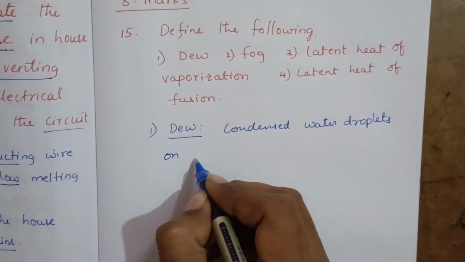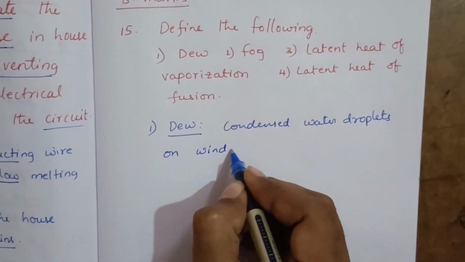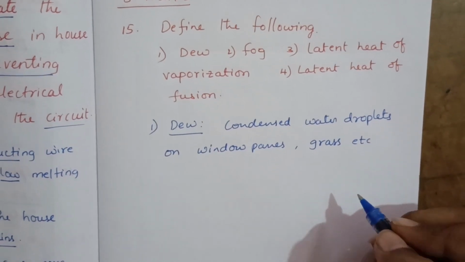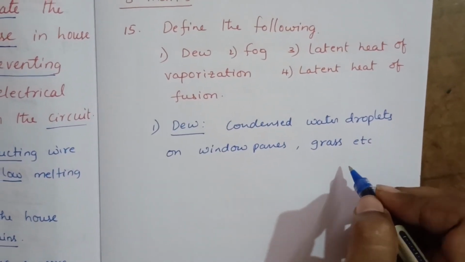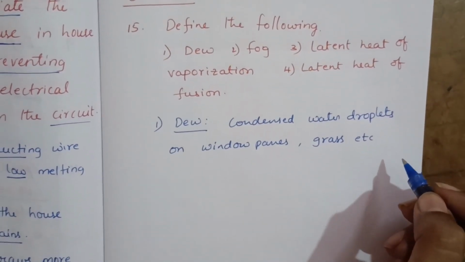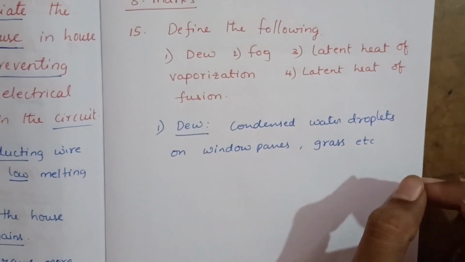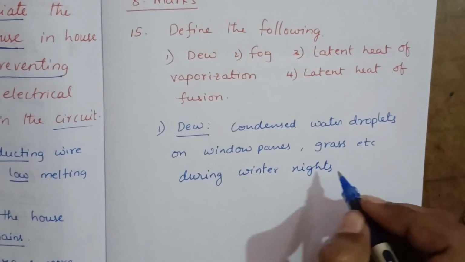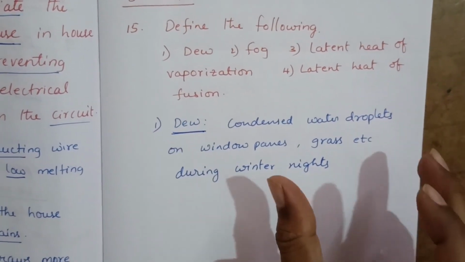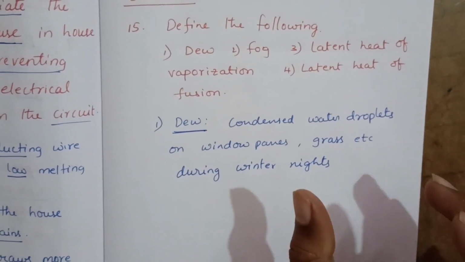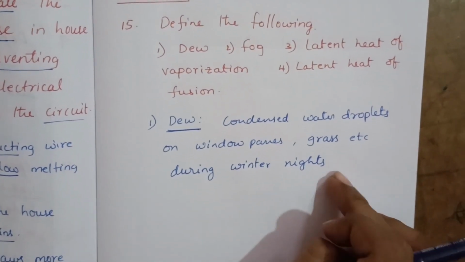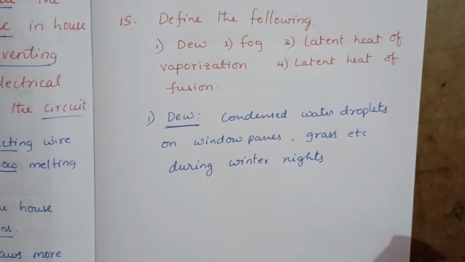Condensed water droplets on window panes, grass, bikes, flowers, whatever we keep outside, during winter nights is known as dew.